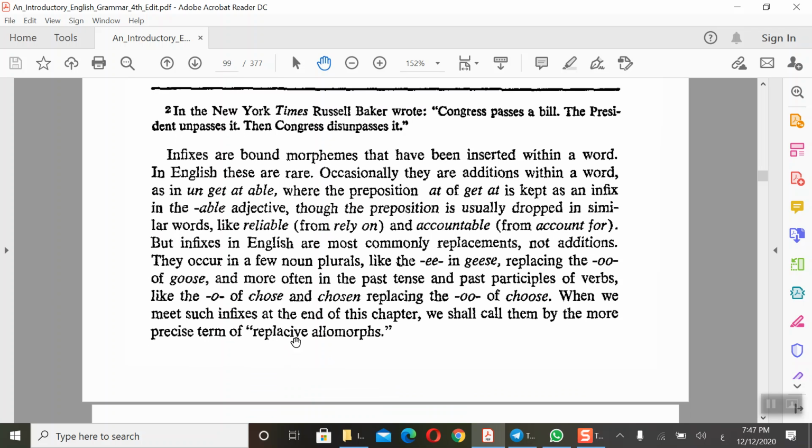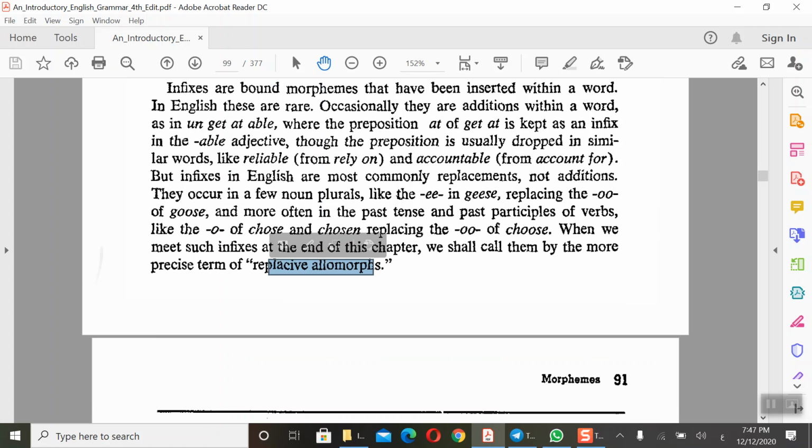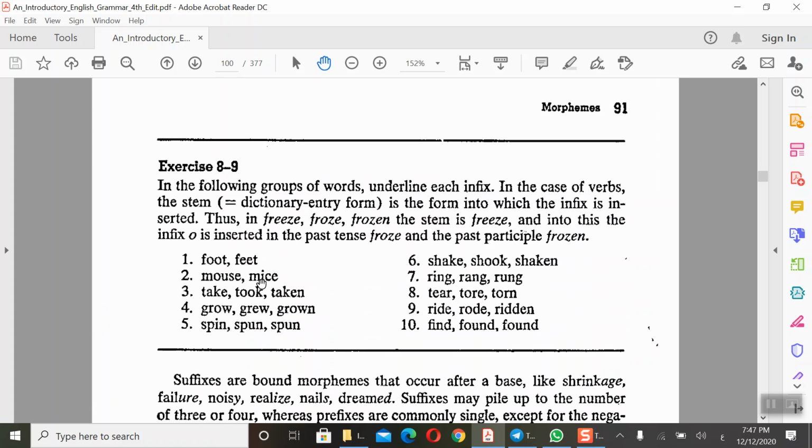Sometimes they are called replacive endomorph. This is another name. Replace, from its name, it means they replace, they change. Replacive endomorph is another name for infixes. These are examples: foot, feet, mouse, mice, take, took, especially with irregular verbs and irregular nouns.